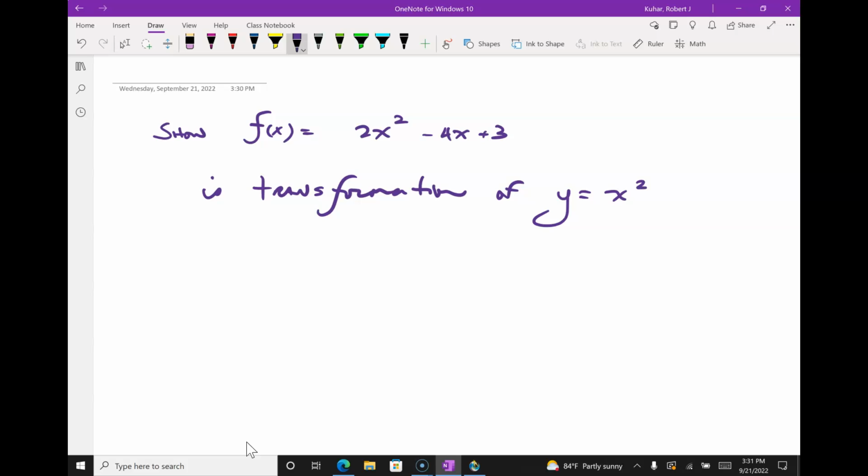Now you should already be able to tell me that this is a stretch or a compress. Is this a stretch in the y or a compress in the x? Stretch. Because what are you seeing outside of the mother function? The 2. So I'm taking the mother function and multiplying it by 2. So that means stretch it up.